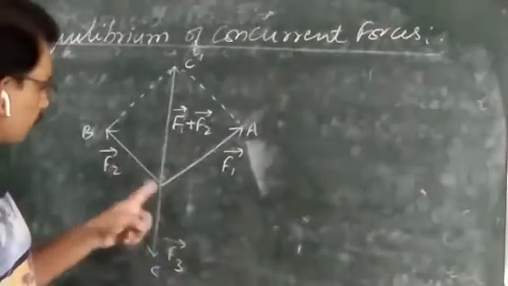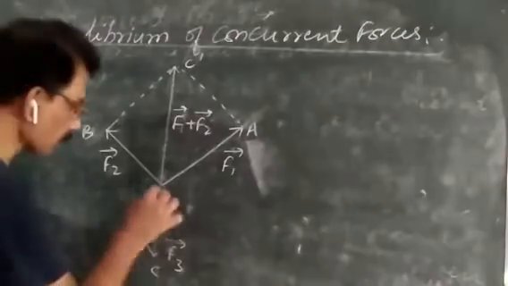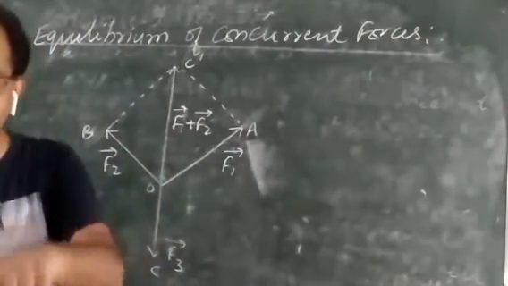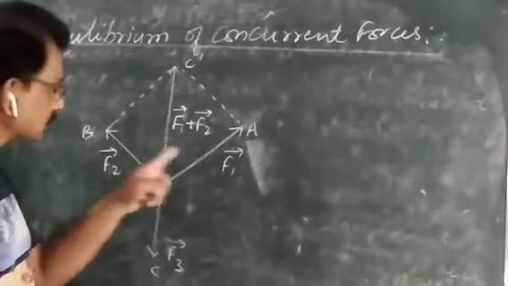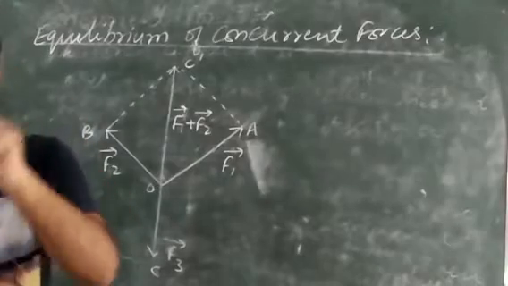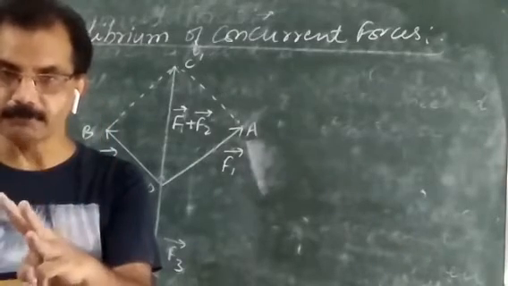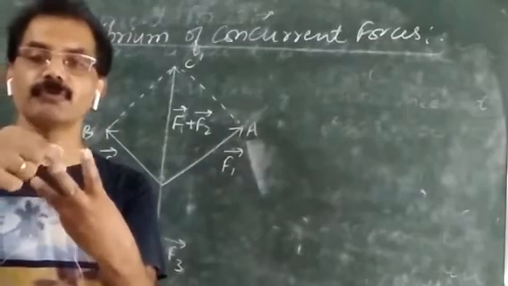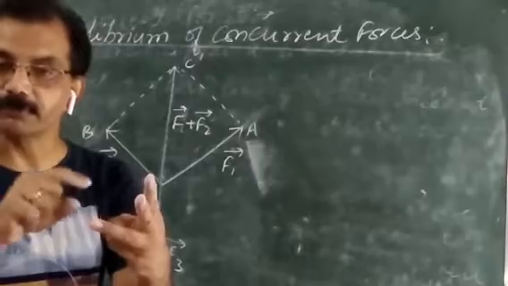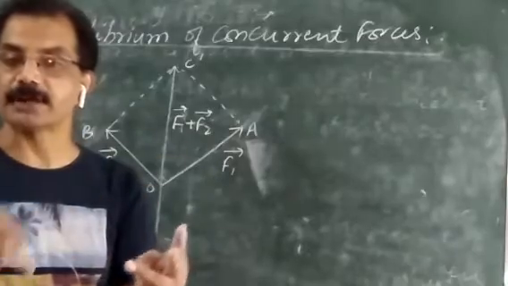Suppose if the three forces F1, F2 and F3, and suppose these three forces are concurrent forces, and these forces are said to be in equilibrium if the vector sum of any two force is equal and opposite to third force. अगर जैसे थ्री कॉन्करेंट फोर्सेस आर इन इक्विलिब्रियम, तो इन तीन में से किन्हीं दो फोर्सों का वेक्टर सम जो है वो इक्वल और अपोजिट हो जाए थर्ड फोर्स के, तब कहेंगे कि ये टोटल क्या हो जाएगा? इक्विलिब्रियम में. या कहते हैं कि सभी फोर्सों का वेक्टर सम किसके बराबर हो जाएगा?